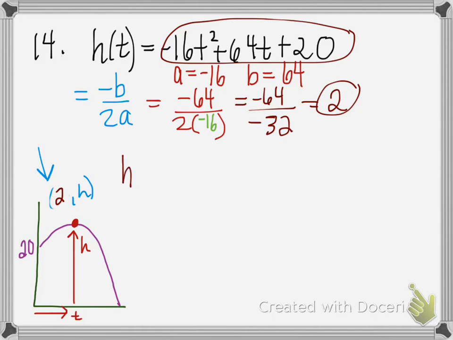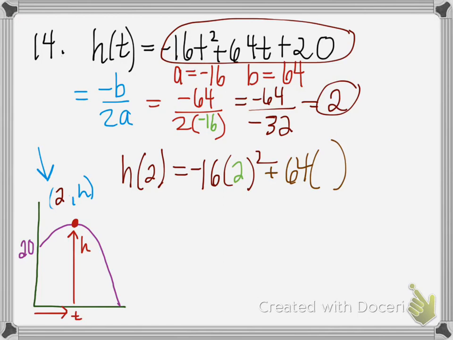So h of 2 means I am plugging in 2 for t, in other words, trying to find the height at 2 seconds. So I would have negative 16, and I'm plugging in 2 for t, squared, plus 64, plugging in 2 for t, and then that back term is just plus 20.